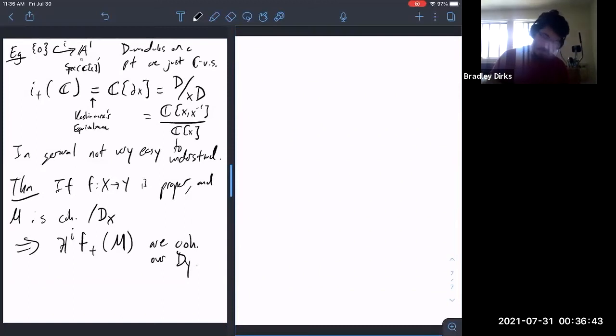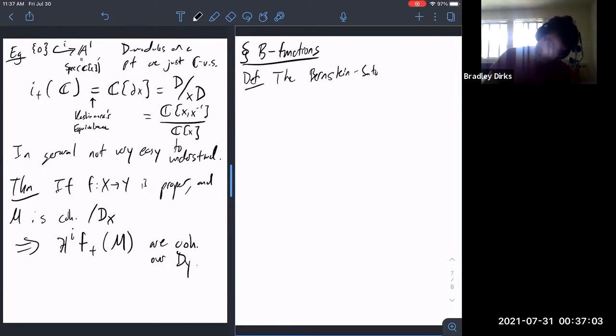Okay, great. So now we can finally get to the specifics of this module NF. This section will be about b-functions. Okay, so, definition. The Bernstein-Sato polynomial.